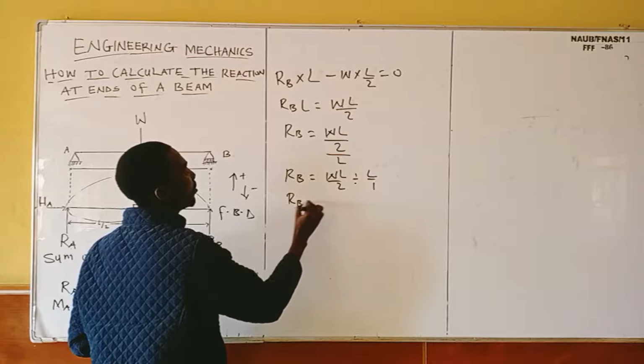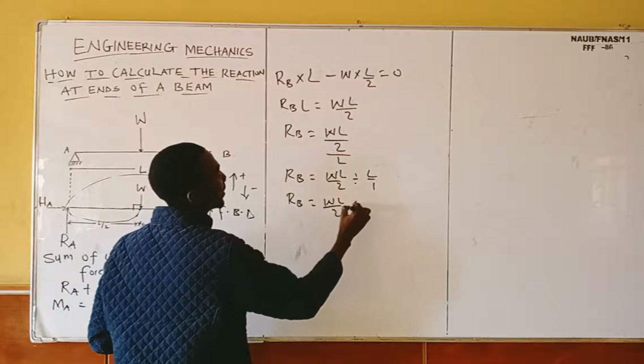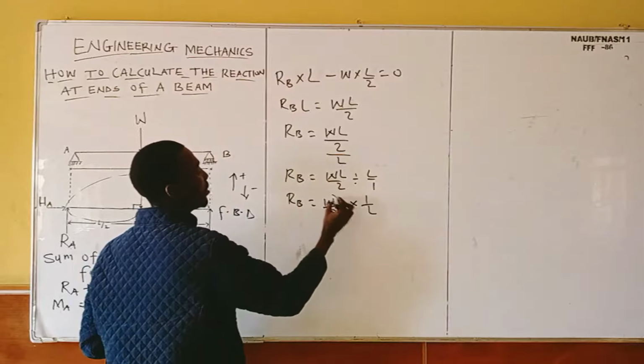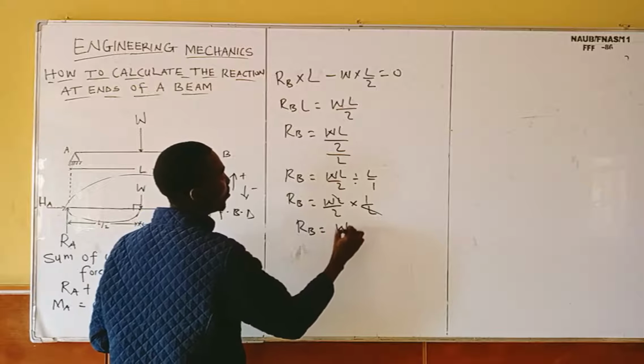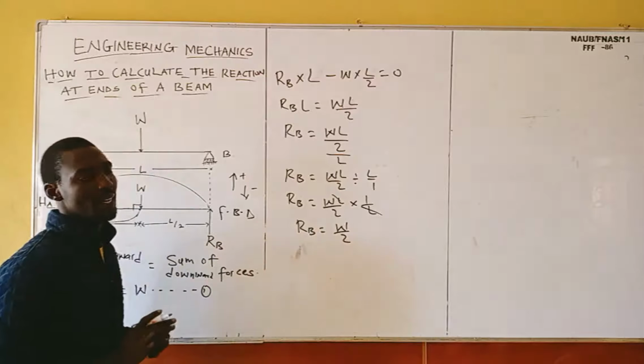So R_B is equal to WL over 2 times 1 over L. So this L will cancel out this L. R_B is equal to W over 2. Do you get that?